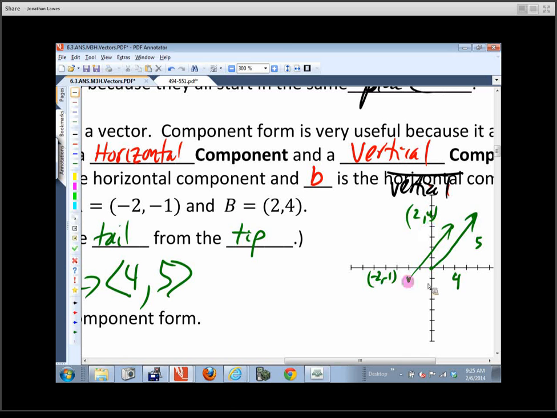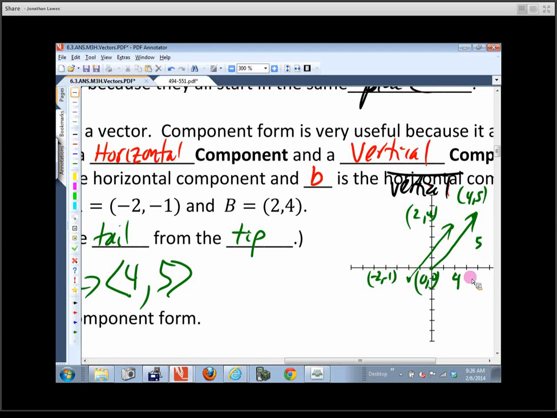If I moved everything over 2 units and then up 1 unit, that would put this point right here at the origin where we want it for a position vector. And if I take 2, 4 and I move it over 2 and up 1, that's going to put this point right here at 4, 5. So if it starts at 0, 0 and heads to 4, 5, it's really easy to tell the horizontal component is 4 and the vertical component is 5.